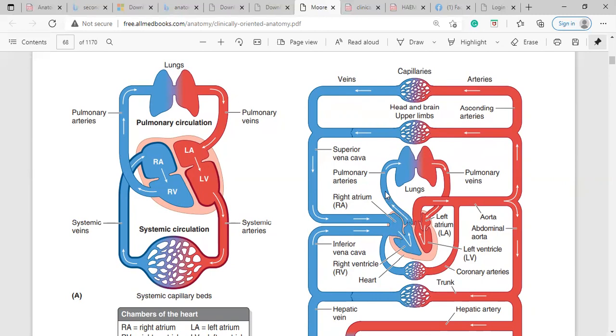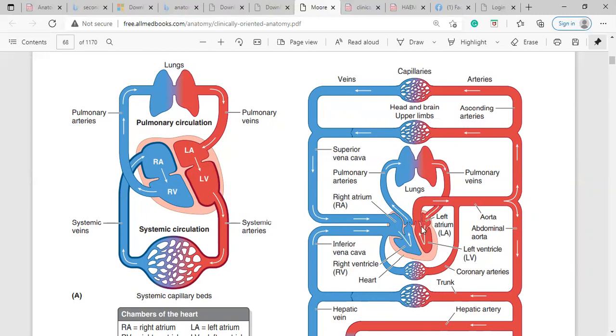That artery is called the pulmonary artery, which is the only artery that carries deoxygenated blood. The blood gets to the lungs and it is oxygenated. And then the pulmonary vein returns that blood into the left atrium.